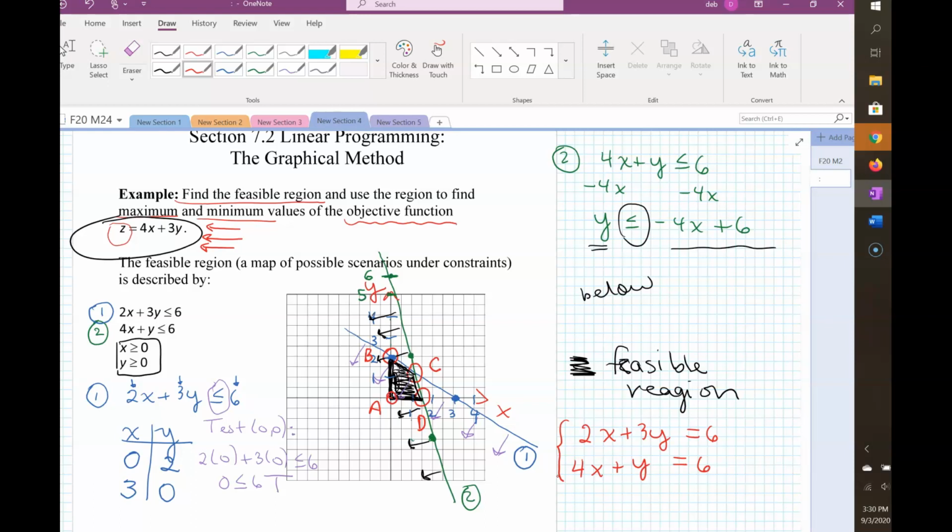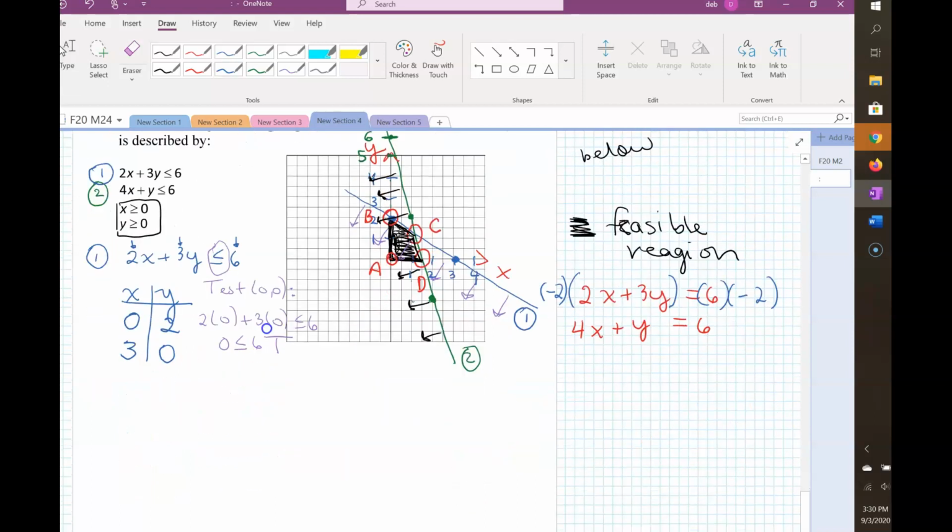For this system, I would notice that I have 2 x's in the first equation and 4 x's in the second equation. So I would multiply both sides of the first equation by -2 because I see that that will make the x's eliminate. So I'm going to write what I get down below, -4x minus 6y equals -12.